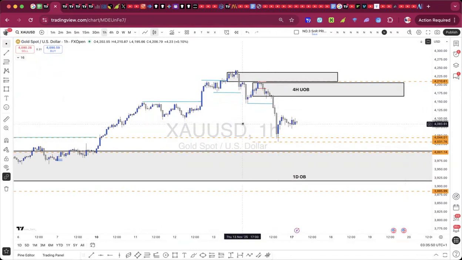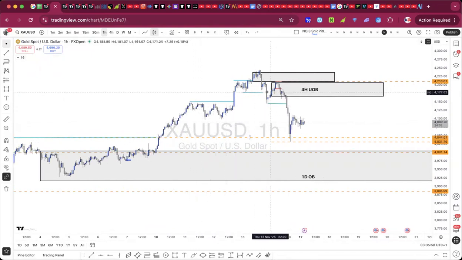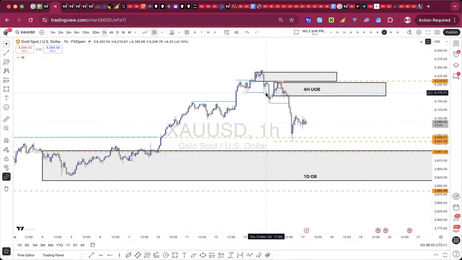On 1 hour, of course, we've got all of these breaks and all of these moves. So let's quickly walk by this downtrend that has happened here. That was so obvious. All right, so we got a break of structure.